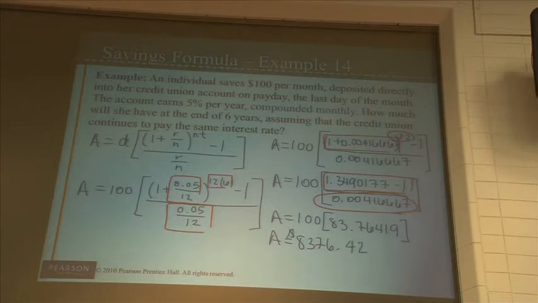That's your dollars and cents. So if she deposits $100 a month for 6 years at an interest rate of 5% compounded monthly, she ends up with $8,376.42. Not a terribly bad investment.